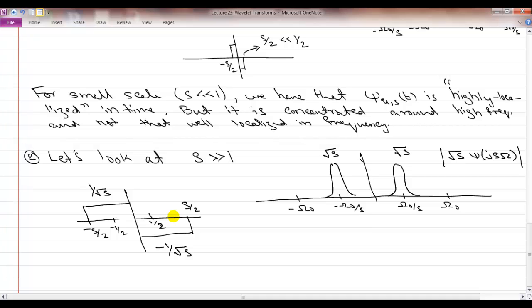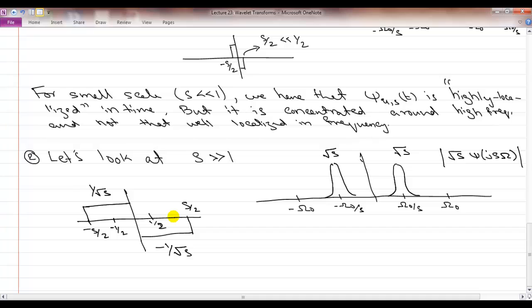All wavelets at a small scale are going to do a very good job of local time analysis, and at the same time they will be doing high frequency analysis, but the localization in frequency will be poor.